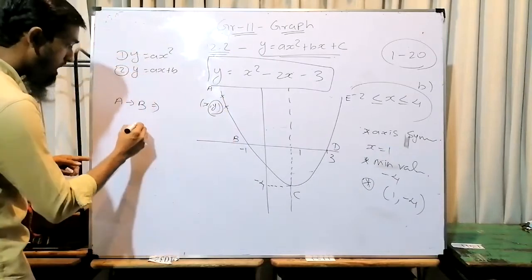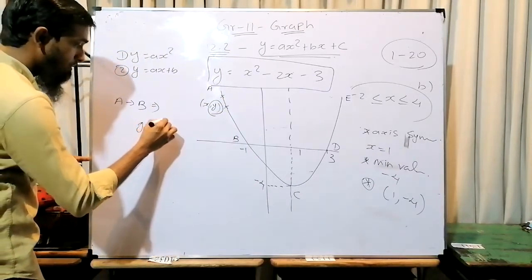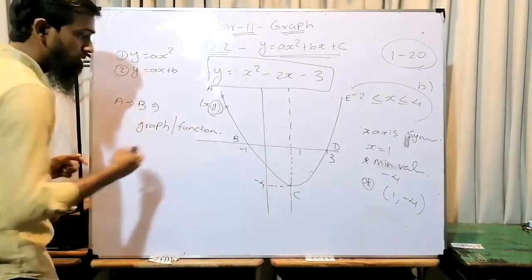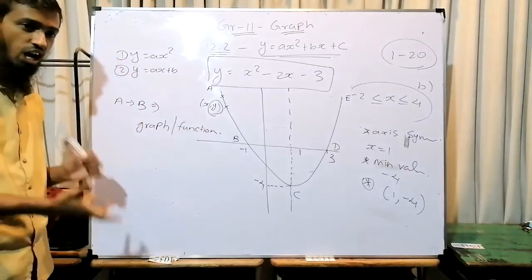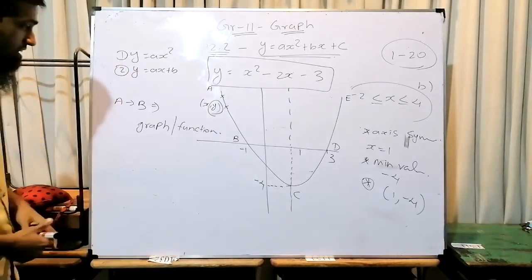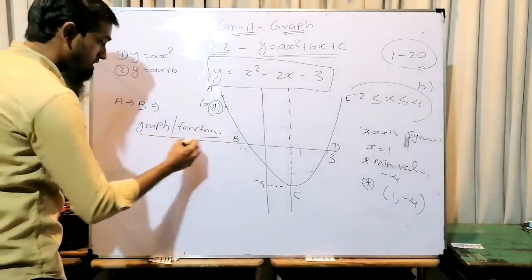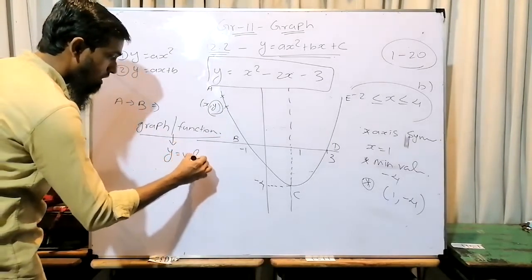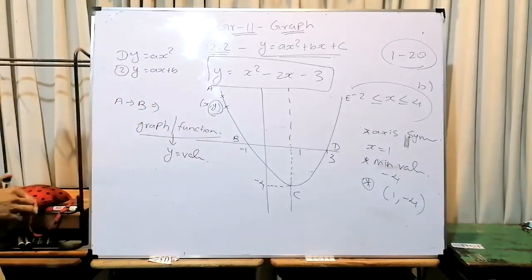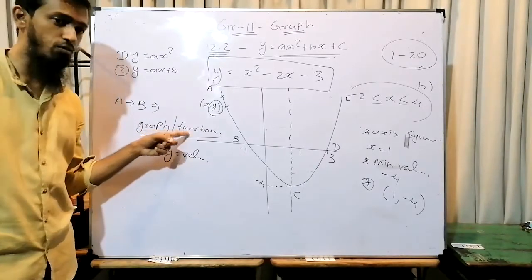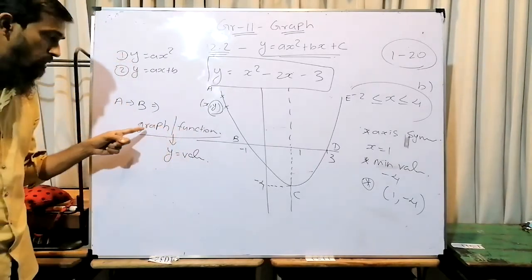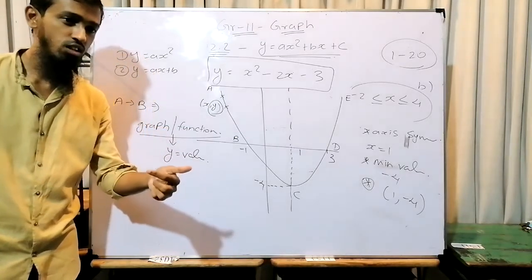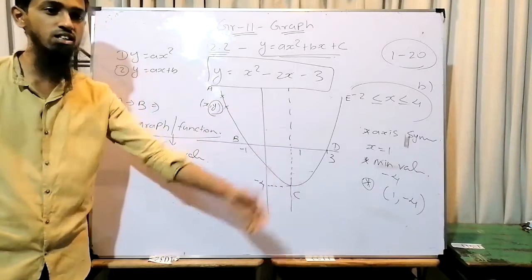Graph or function, both are the same. Function means graph. So if they ask about the function or about the graph, you should look at the y values, and with the y values you can answer the question.